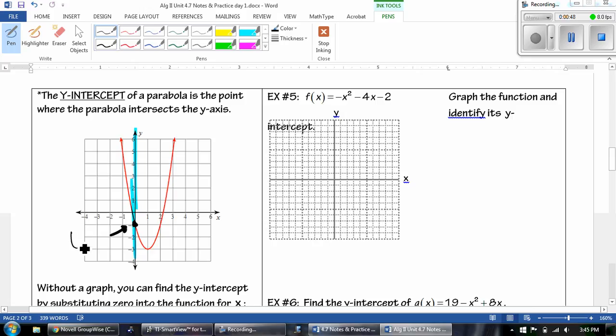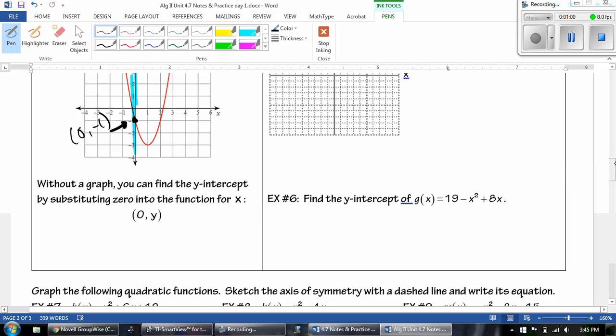And that is the point (0, -1). So with a graph, we can visually see it. Now, without a graph, you can find the y-intercept by substituting 0 into the function.